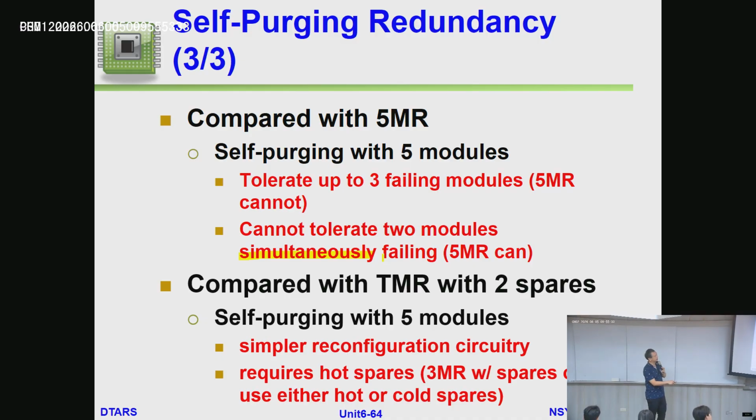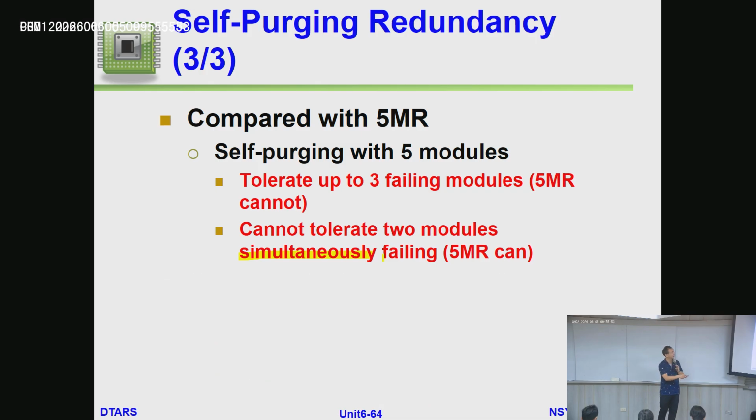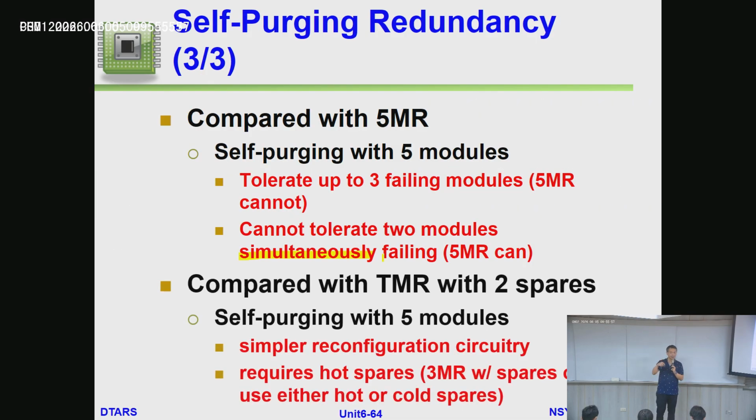So compared to self-purging with 5 modules, TMR with 2 spares has simpler reconfiguration circuitry. So try to compare this one. If you go back to our slide, we only have the voter. We don't have this one. So its cost is lower, but it requires hot spares.